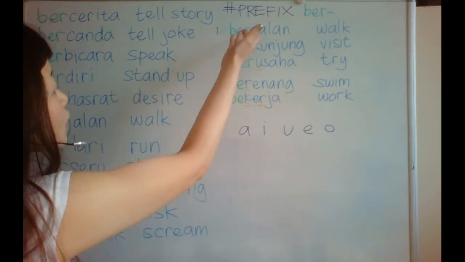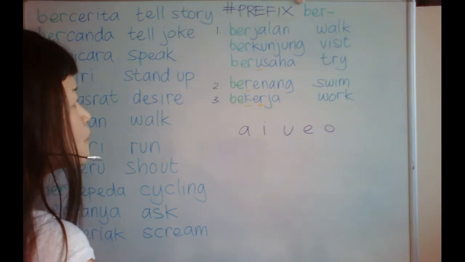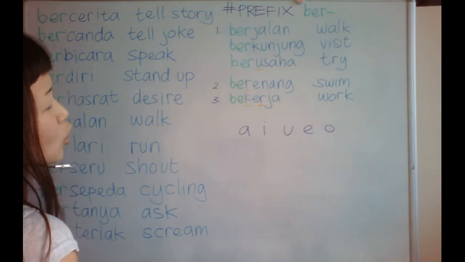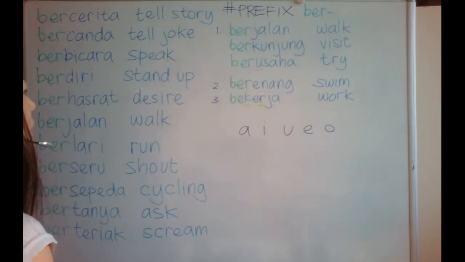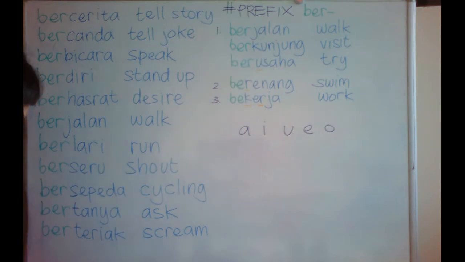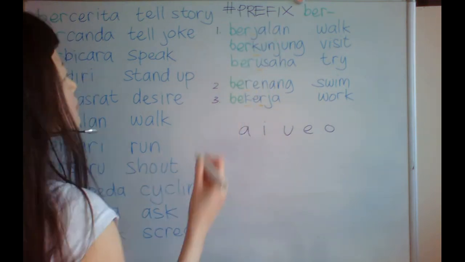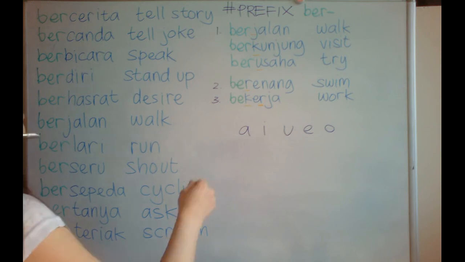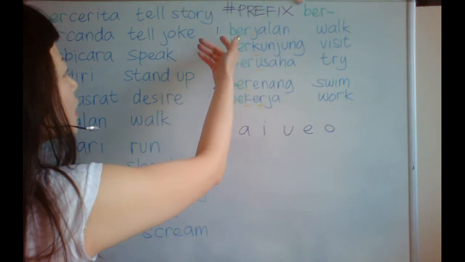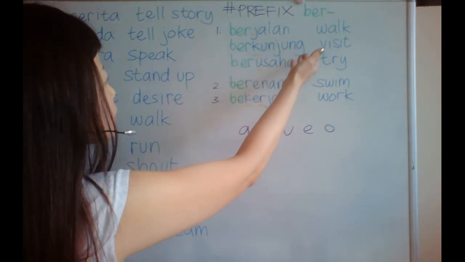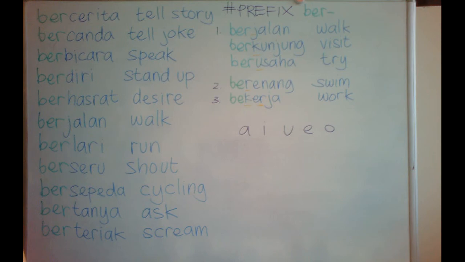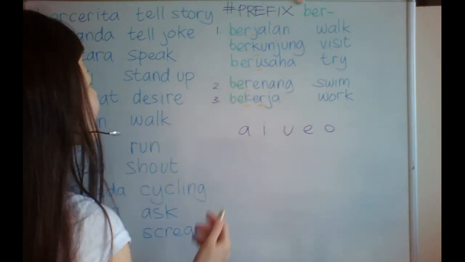And this ber also works for most of the consonants. Consonants are the other letters, not A, I, U, E, O. It works, like here with J and here with K. We will read it. Berjalan, walk. Berkunjung, visit. Berusaha, try.